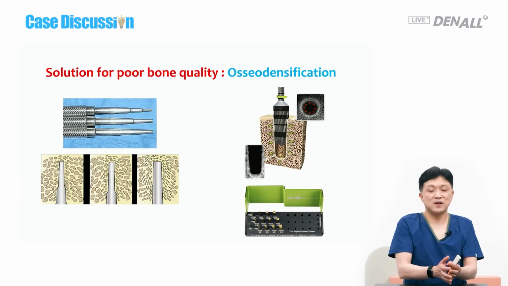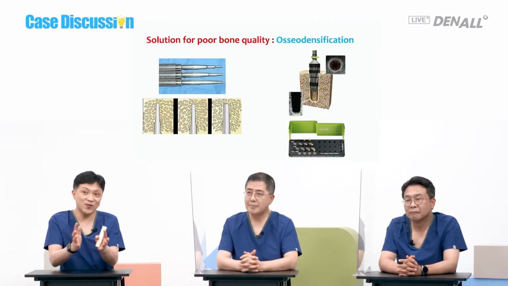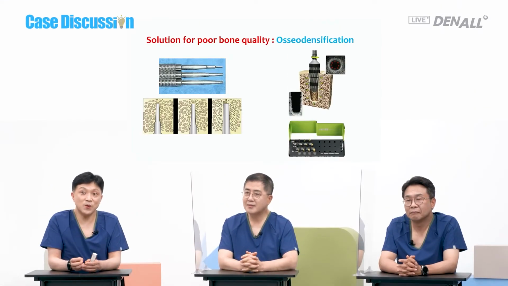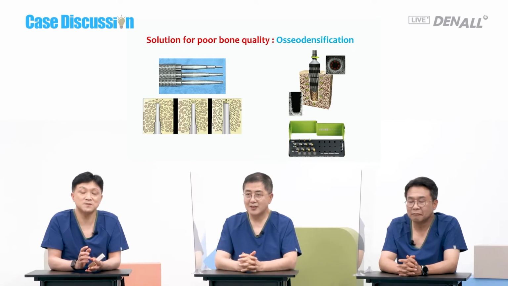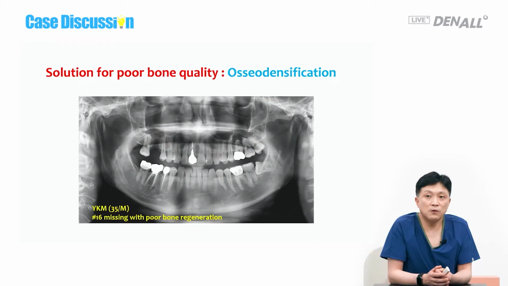Next, osteodensification. Dr. Kim Ki-Seong talked about Densabur. I have used it. Before we used submerged osteotomy, we have already used osteodensification. We use initial drilling and expanding it when the bone quality is not very good in the maxilla. This is my case.